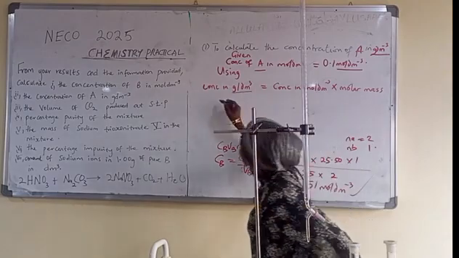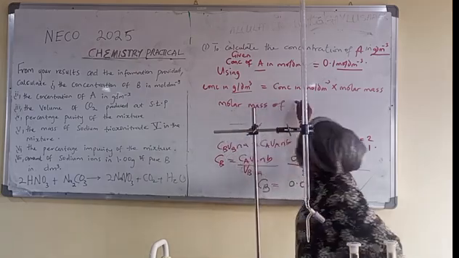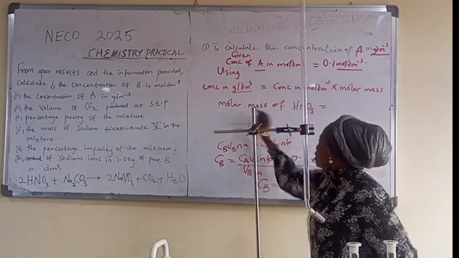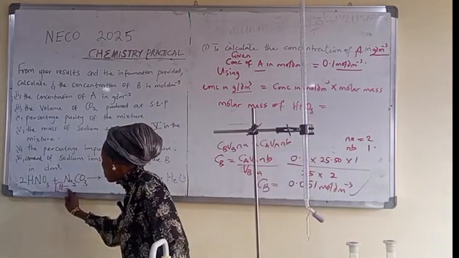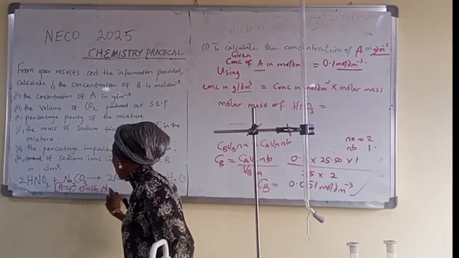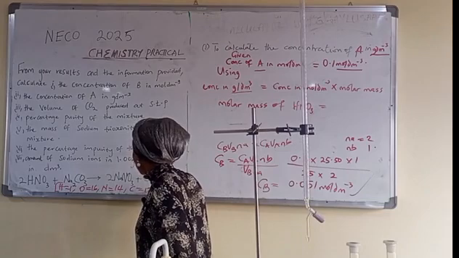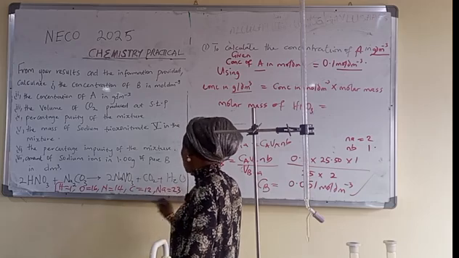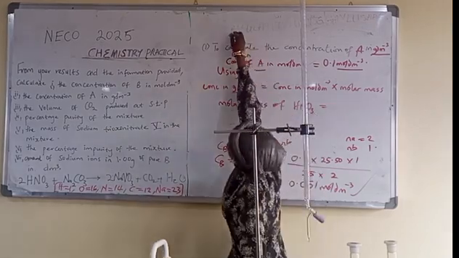Molar mass of HNO3 equals: H is 1. They will always give you H is 1, O is 16, N is 14, C is 12, Na is 23. Everything you will use will be given, and they are there. So we have Avogadro's constant.